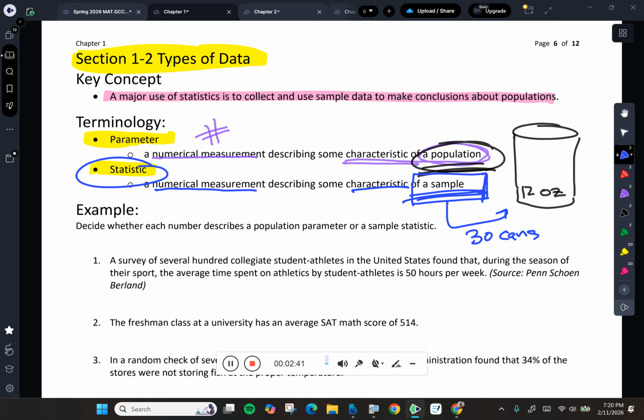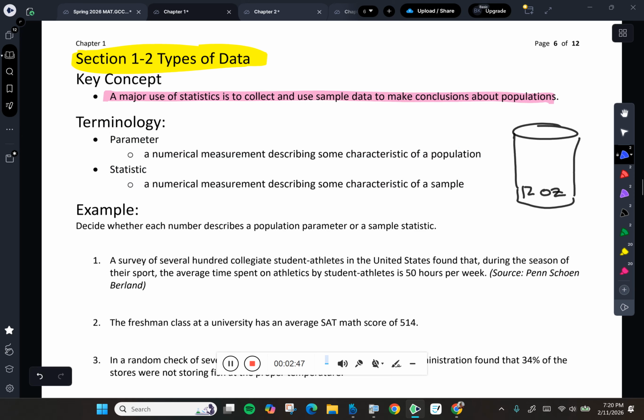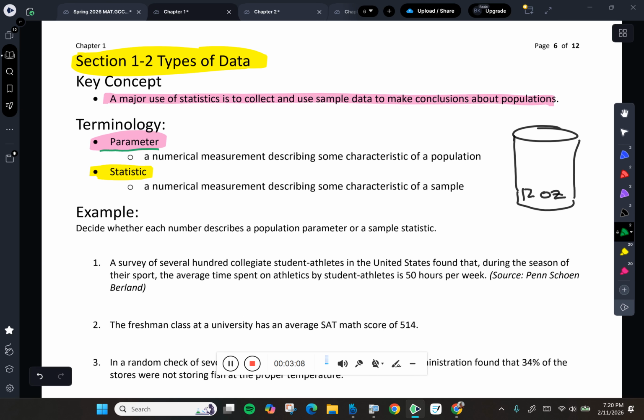Now, big picture, in the world of statistics, what we want to be able to do is use these statistics to make predictions about these parameters. Most of the time, it is going to be impossible to know a parameter, because there's no way to measure the entire population most of the time.